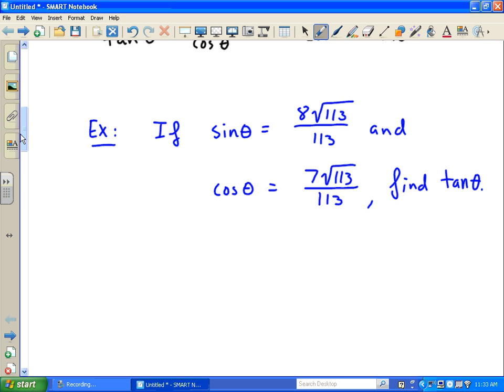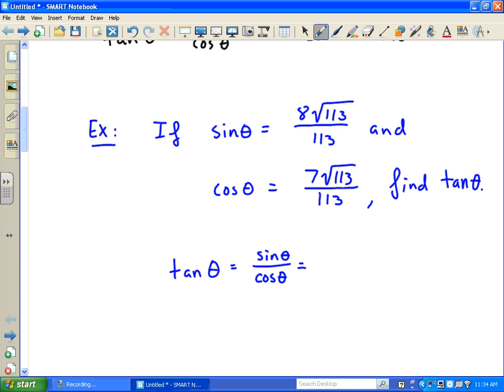Given these two values, to find tangent of theta, I can use the ratio of sine over cosine. So in other words, my identity says that the tangent of theta is equal to the sine of theta over the cosine of theta.